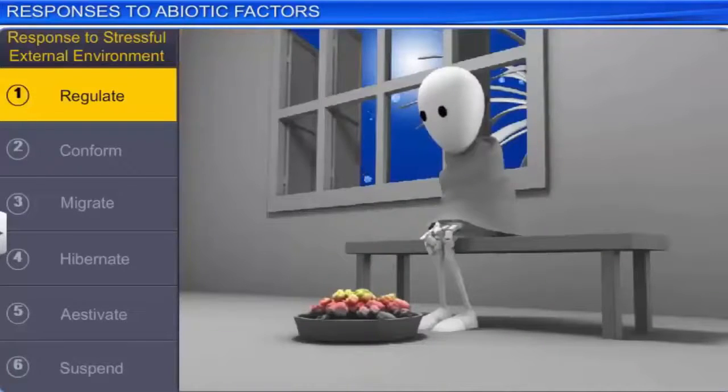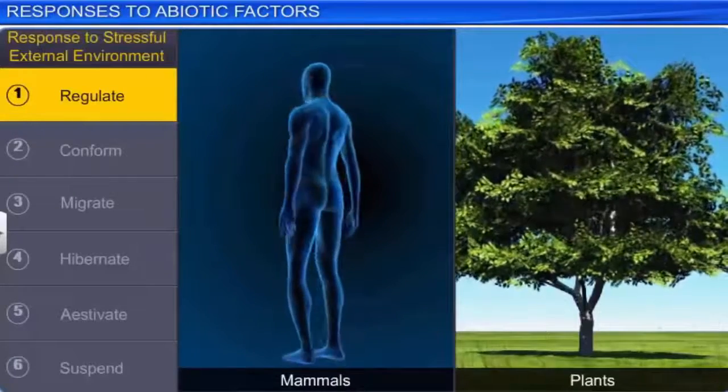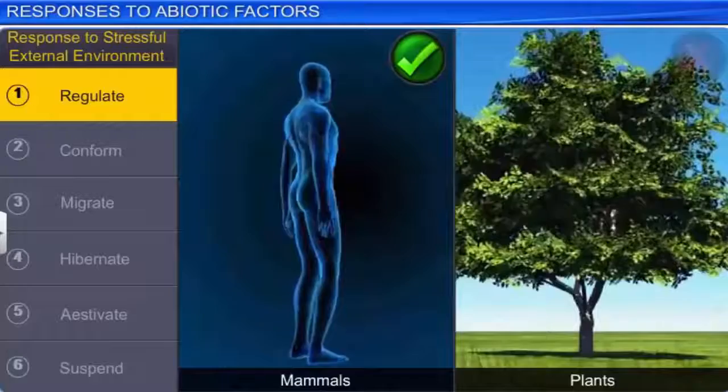Likewise, in winter, when the external temperature is much lower than our body temperature, we shiver. Shivering generates heat and raises our body temperature. Such a mechanism is seen in mammals, but is absent in plants.